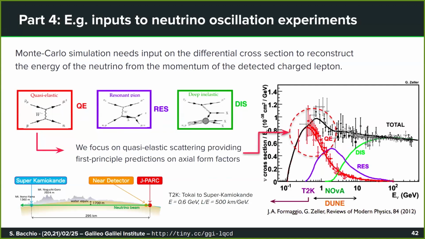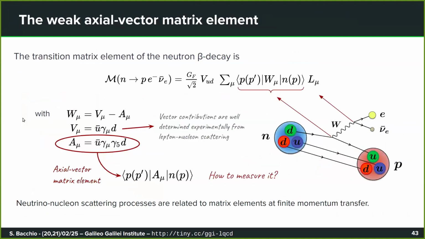Well, we want to study this kind of transition, basically a semi-leptonic decay, or depending a bit if you are in the space-like region or time-like region, but regardless, we're interested in having a proton and a neutron and an interaction with a boson like the W boson.